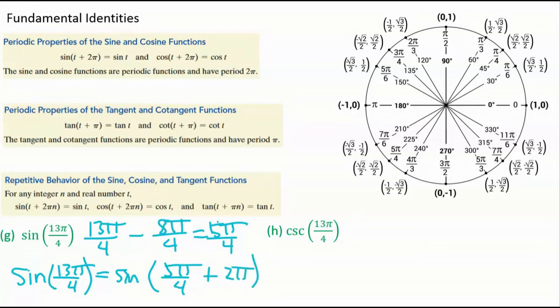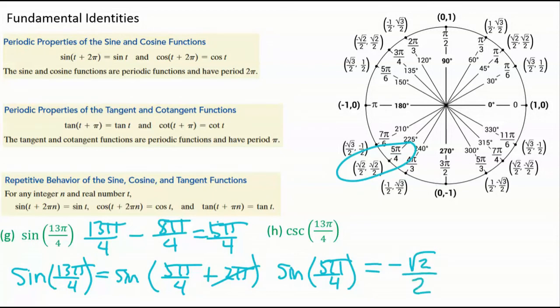And instead of evaluating the sine of 13 pi over 4, I can ignore that 2 pi and just evaluate the sine of 5 pi over 4. In other words, you're dealing with coterminal angles, folks. That's all you're doing. And what is the sine of 5 pi over 4? Well, let's find 5 pi over 4 on our unit circle. It's located right here in the third quadrant. Sine is the y value on the unit circle, so negative square root of 2 over 2. That's how you can handle that problem.